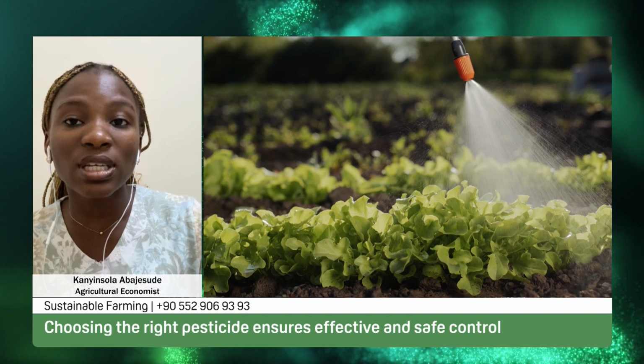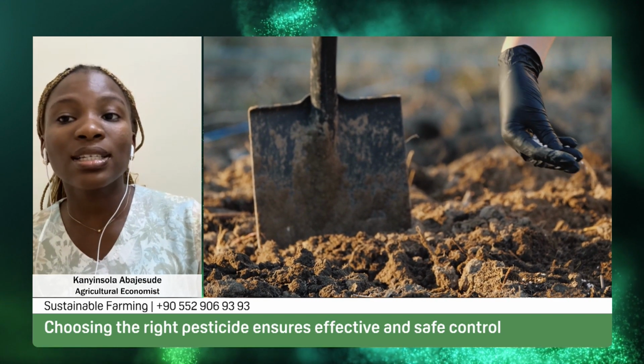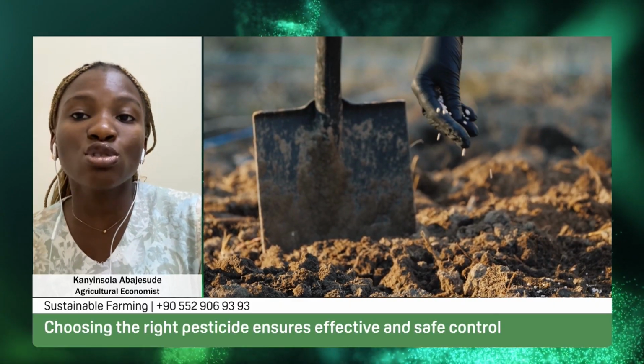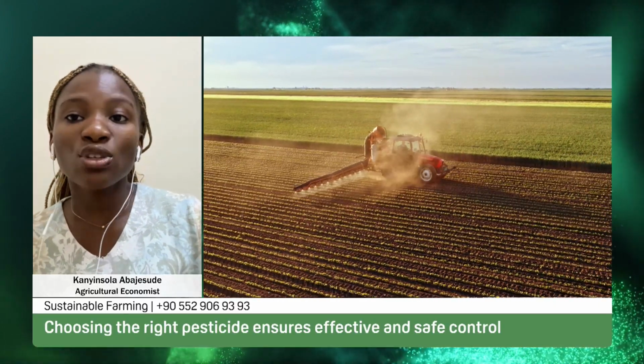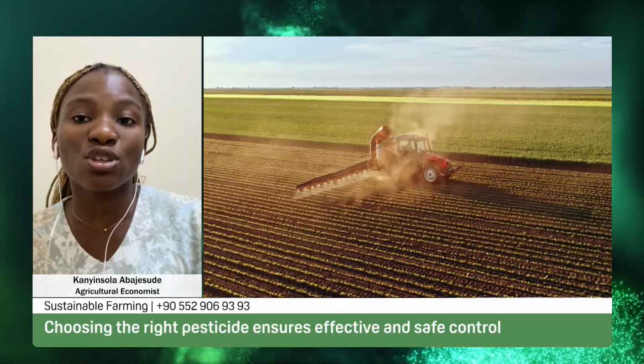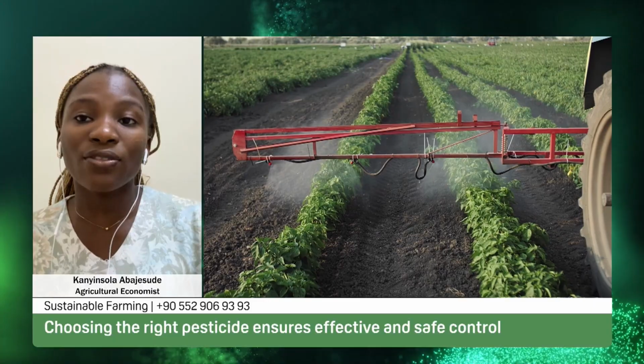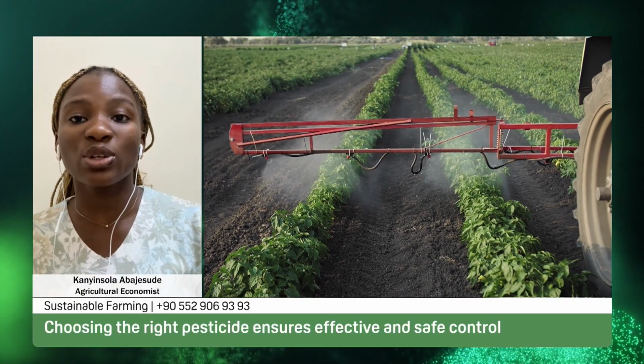What if the pest attacks the plant a few weeks before the harvest, and you use a pest control that, even after you harvest, the residue is still in the crop.